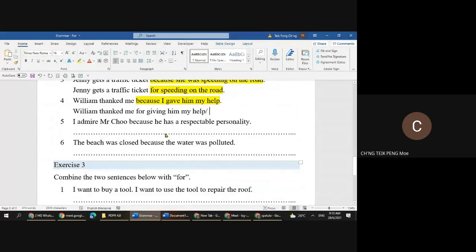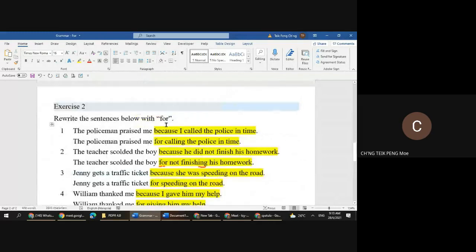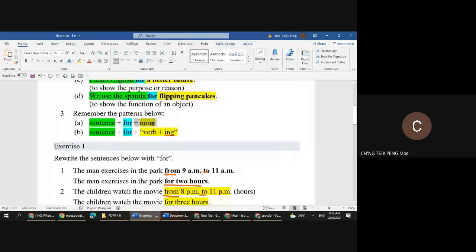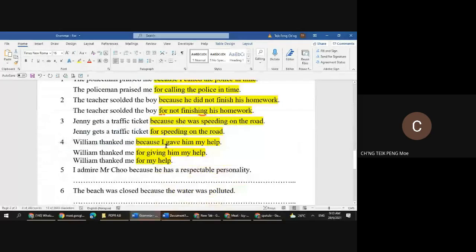Or you can have another answer. William thanked me for my help. So we have got 2 answers here. For giving him my help or for my help. All right, again, remember, when you are using for, you can put a noun after it or a verb with ing after it. But not all questions can do that, okay? Number 4 can do it, but 1, 2, and 3 tak boleh.